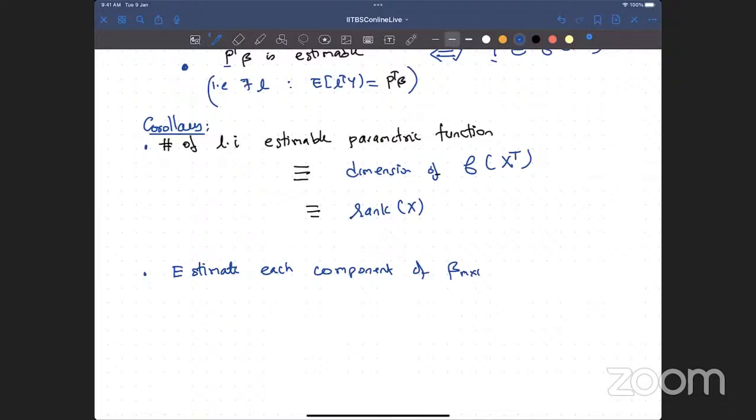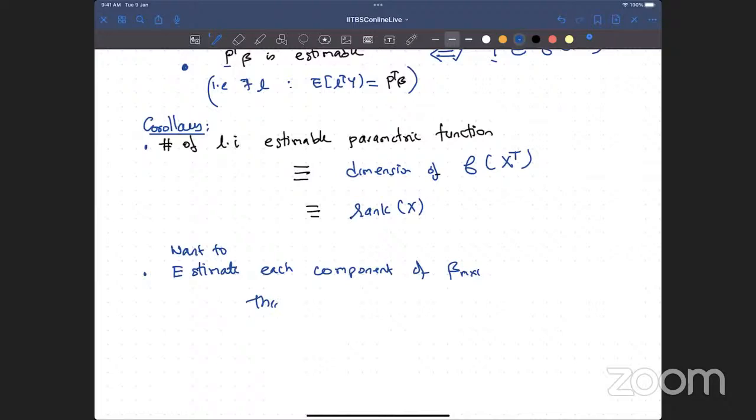What do you do? You take P to be e1, 1 in the first position and 0 everywhere else, and you get beta 1. 1 in the second position, you get beta 2. So you'll have m independent P's to get every component of beta. So this is estimable.